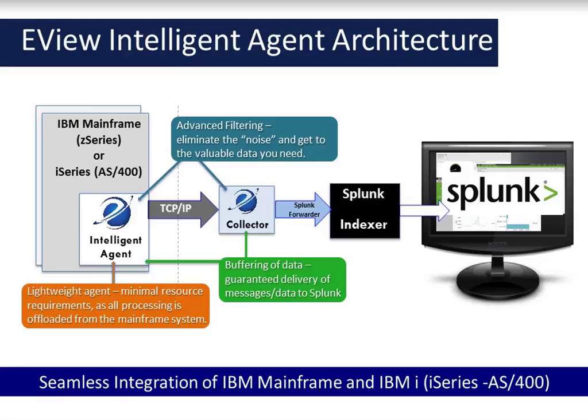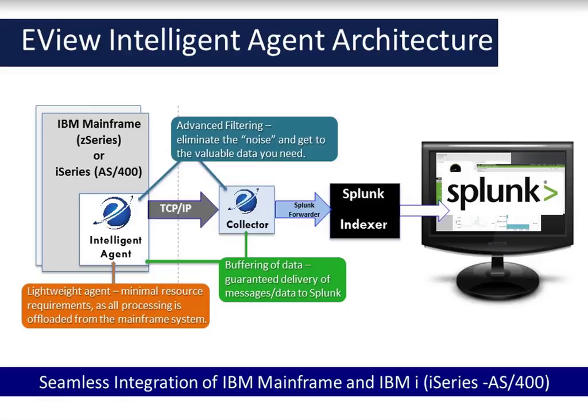And then on the collector, when the data is formatted, there is an additional opportunity if you wanted to do additional filtering before it goes to Splunk. Instead of using a universal forwarder, you could also use a heavy forwarder and then do additional filtering at the collector level to control the amount of data that goes into Splunk.